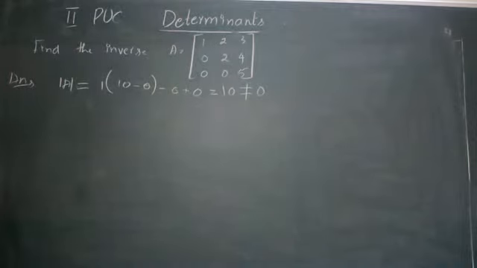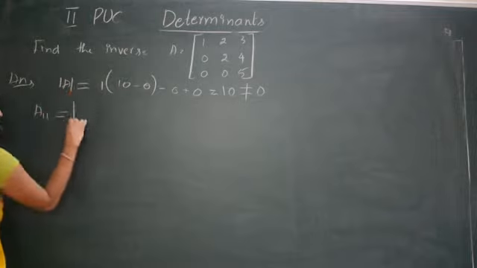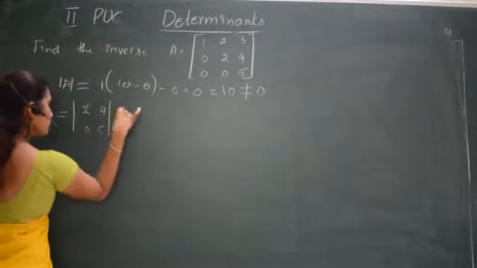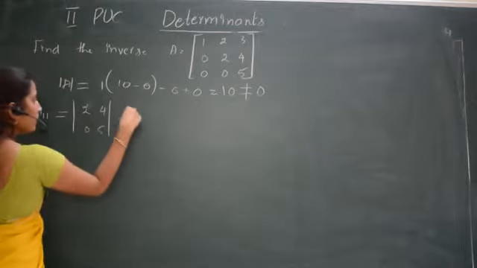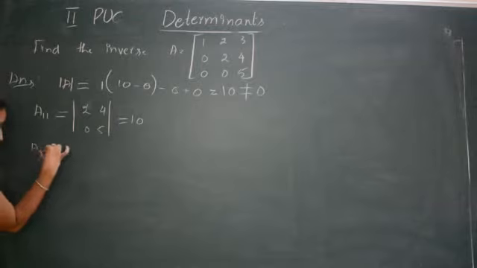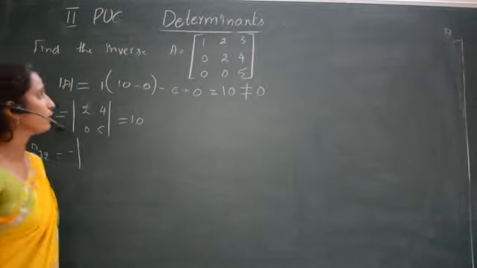Now we have to calculate it. We have to calculate the cofactors. So A11 is, by deleting the first row and first column, 2405. 2405 is 10 minus 0, which is 10. Then A12 is minus.